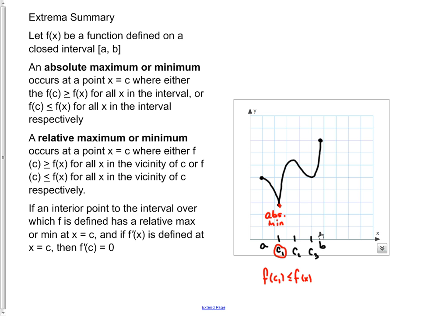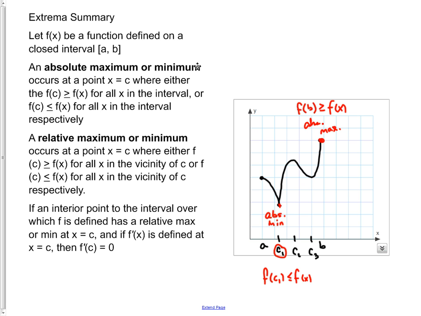And at x equals b, our endpoint right here, we have an absolute maximum. And of course, at this absolute maximum point right here, f of b is greater than or equal to all the values of f of x within the interval, and so that's an absolute maximum.